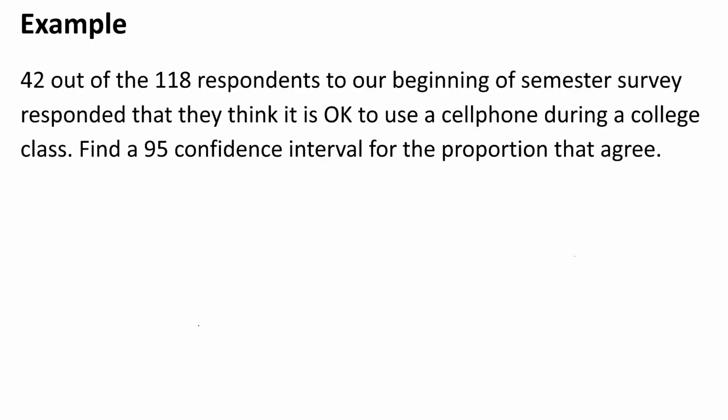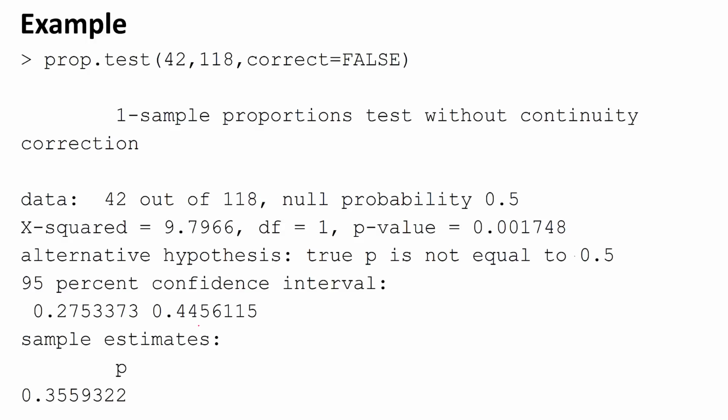So we're going to use the prop.test function, and what it takes, this is covered in the R help page too, is your y, your number of successes, your n, your sample size, and we're always going to put correct equals FALSE this semester when we use the prop.test function. That does it without continuity correction.